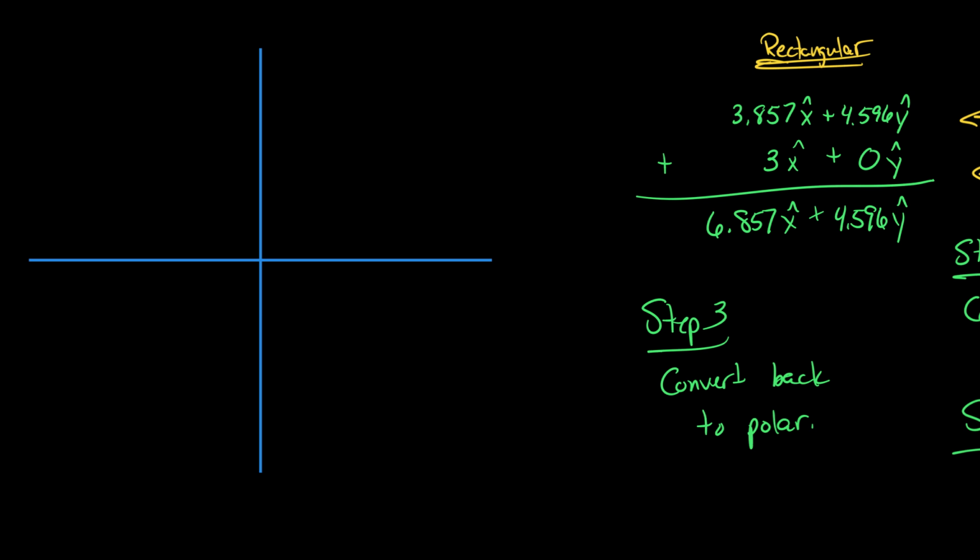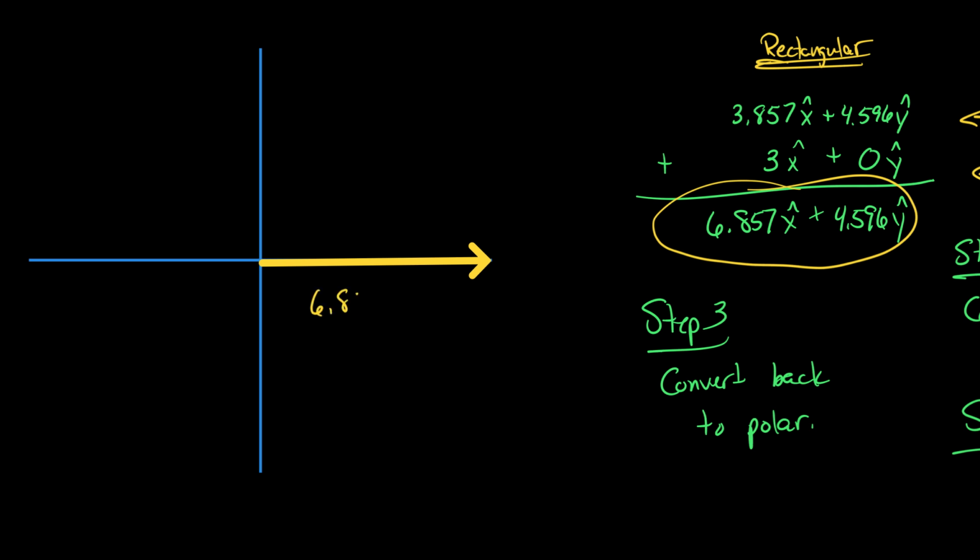We have 2 sets of instructions here. Go 6.857 in the x direction and 4.596 in the y direction. So 6.857, and then 4.596 in the y direction.